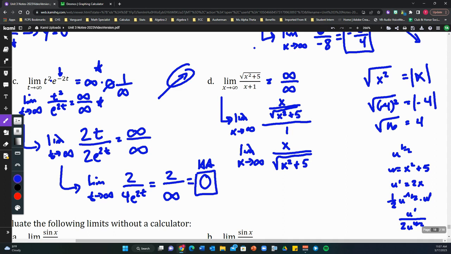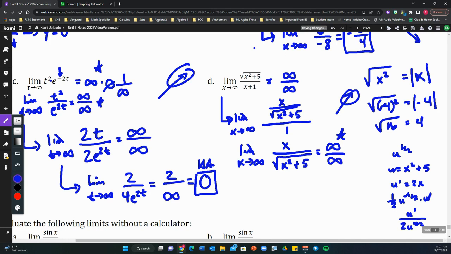So the limit of x as x goes to infinity, again, that's a linear function. Right side goes up to infinity. And then the square root of x squared plus 5, well, we just talked about all of that to evaluate the limit of this guy in the first problem. So we end up with infinity down there as well.